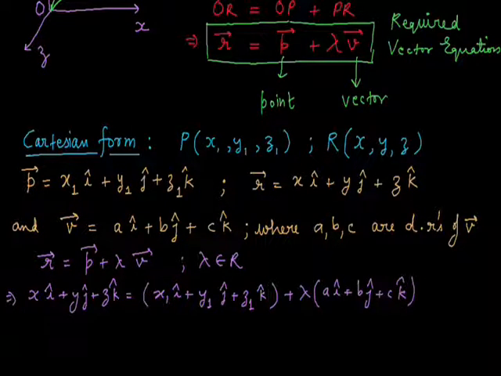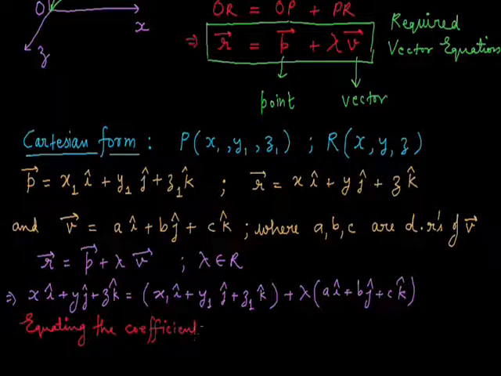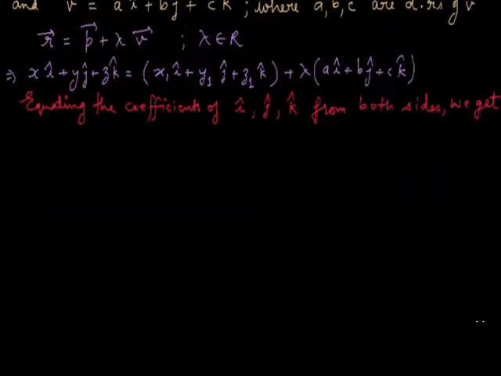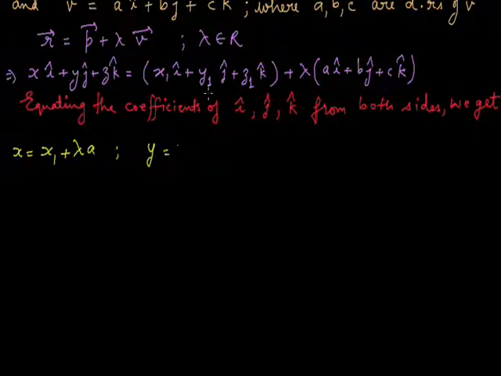Now from here, equating the coefficients of i cap, j cap and k cap from both sides, we get: the coefficient of i cap is x on one side, and x1 plus lambda times a on the other. Similarly, the coefficient of j cap is y, and y1 plus lambda times b.